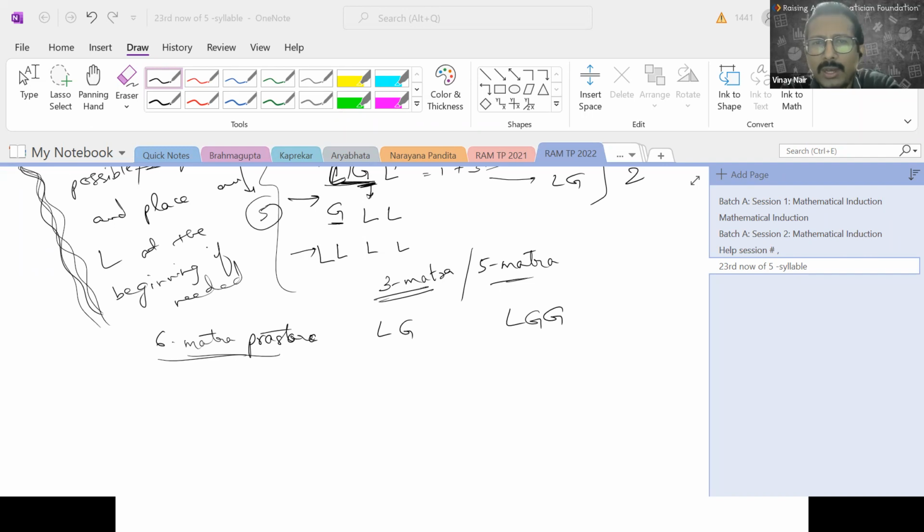How can the number of possibilities be as low as 6? When we are talking about 6 matra, it can be 4 laghus and 1 guru also, and in that itself we have 5 possibilities. The answer cannot be 2 or 7. So let's do the listing.